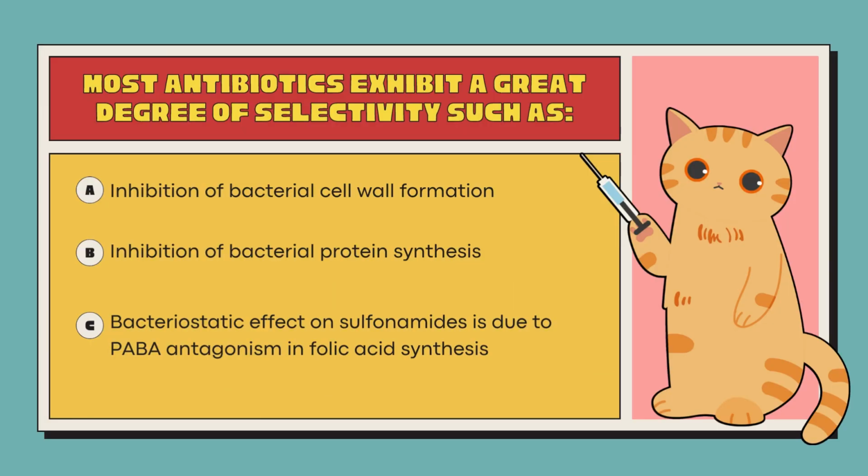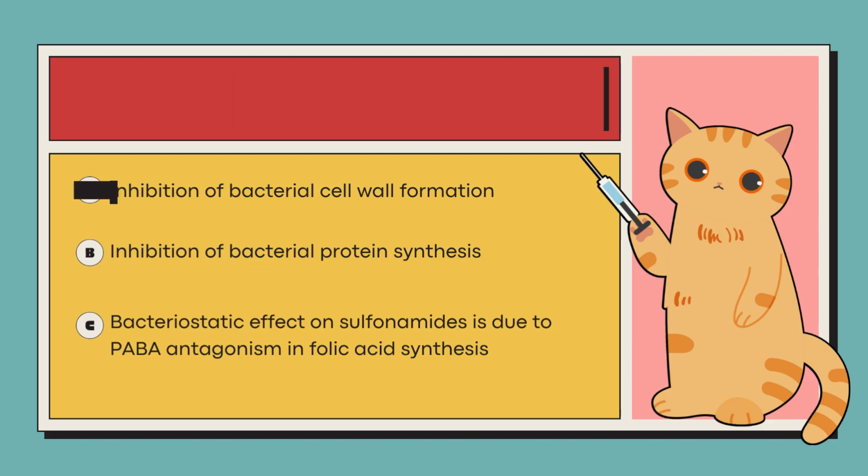Thereby, most of the antibiotics exhibit a great degree of selectivity, such as inhibition of bacterial cell wall formation, inhibition of bacterial protein synthesis, and bacteriostatic effect of sulfonamides due to PABA antagonism in folic acid synthesis.